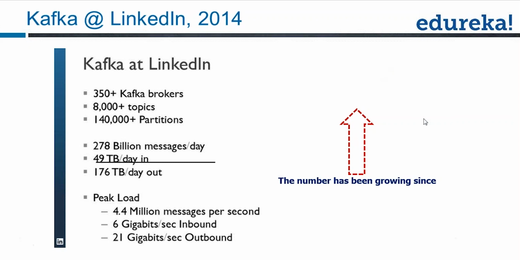Whoever is trying to push messages to Kafka can work with Kafka. It can sit anywhere in the cluster or outside the cluster. It could be a real-time application also. And 140,000 plus partitions.